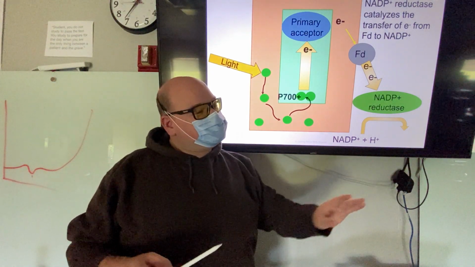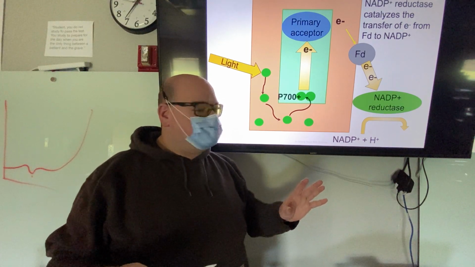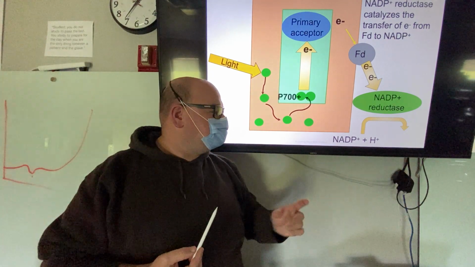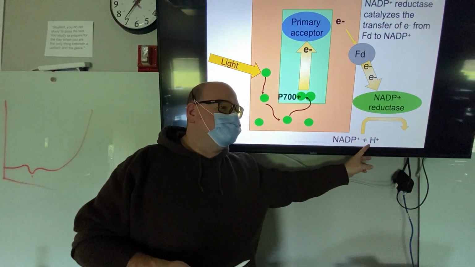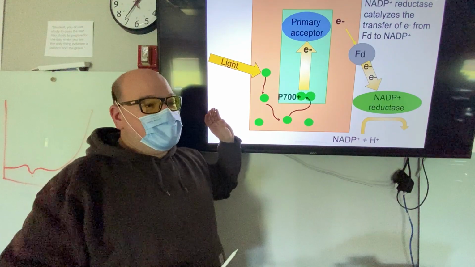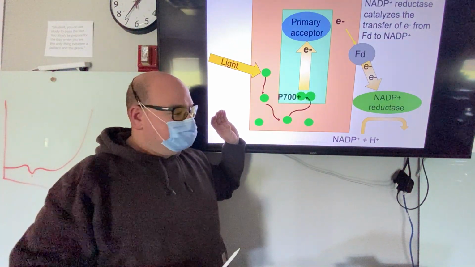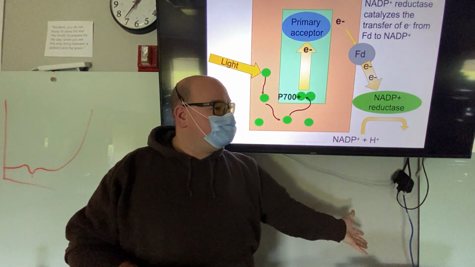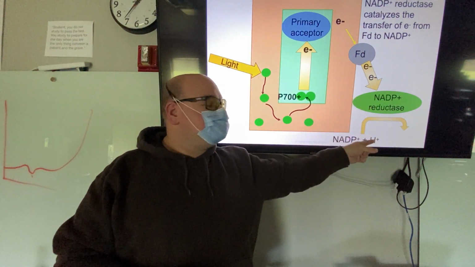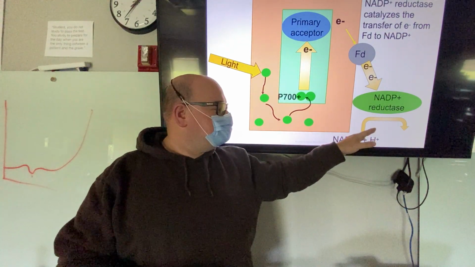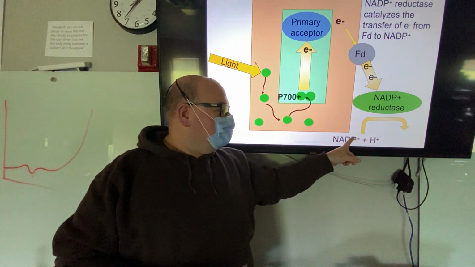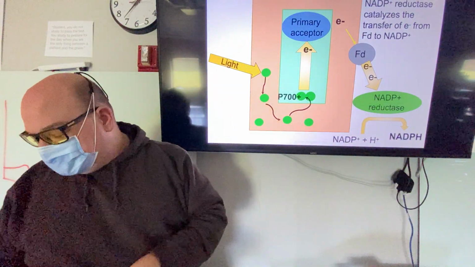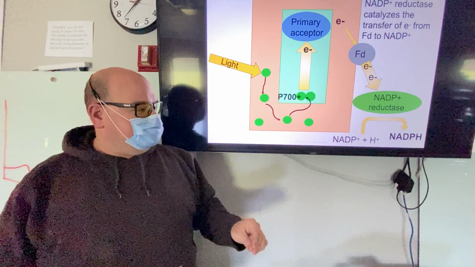Now, this is kind of cool, and this is why biologists geek out about this, because it's so elegant. It reuses the hydrogen. Where did this hydrogen come from? Go all the way back to the water. The water gets split in half. The hydrogen goes through the enzyme. Now that it's on the outside of the cell, the hydrogen's going to join with NADP, and this enzyme is going to turn it into NADPH.